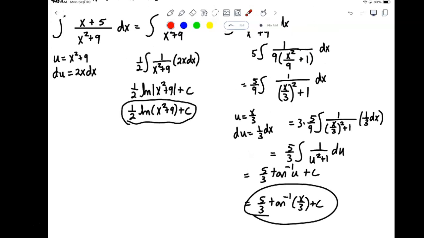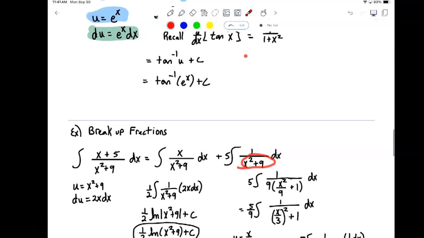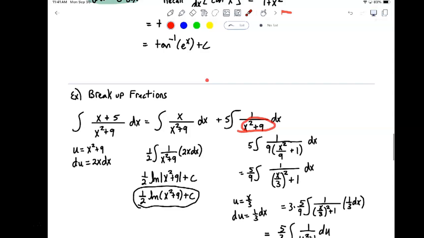Now let me just go back here and again make sure everything's clear with this one. So the idea is, since I had a square plus a number, that reminded me a lot of the derivative of the inverse tangent. So I'm trying to get it into that format of u squared plus 1. So with that in mind, the first thing I did is I said I need to have plus 1, so it'll be u squared plus 1.